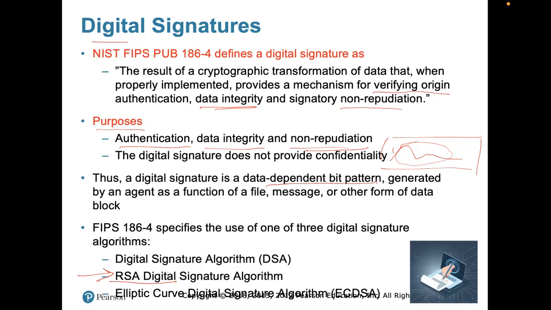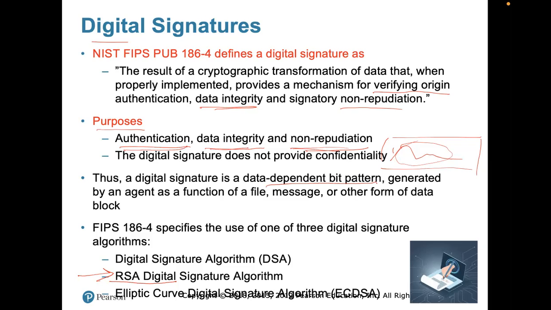So we will be using RSA in order to generate digital signatures. When we say digital signature, it means that we are generating some pattern of 0s and 1s, some binary data that helps us attain these three important properties that we just mentioned.